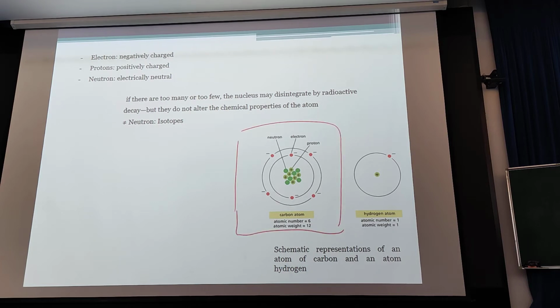Carbon has atomic number 6, so it has 6 protons, but it could have either 6 neutrons or how many neutrons do you know? 6 or? So we have carbon 12 and also carbon 14, meaning they could have 6 neutrons or 8 neutrons, so it depends.